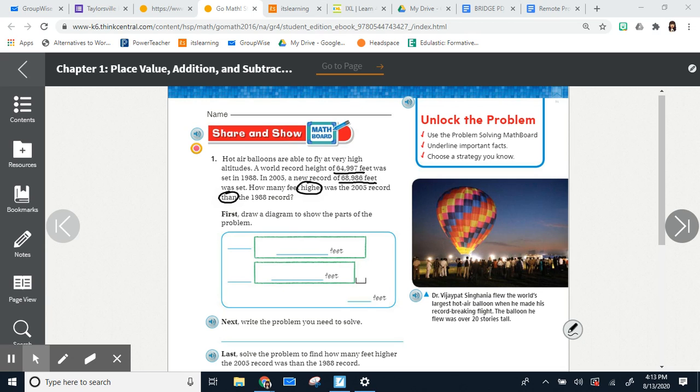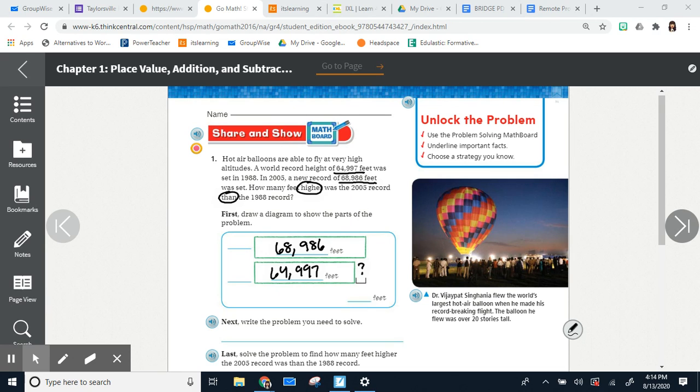So here's our diagram. So you can see that this one is longer. So I'm going to put my larger number here, 68,986. Then in our smaller box, 64,997. So we want to know this part. What's the difference?